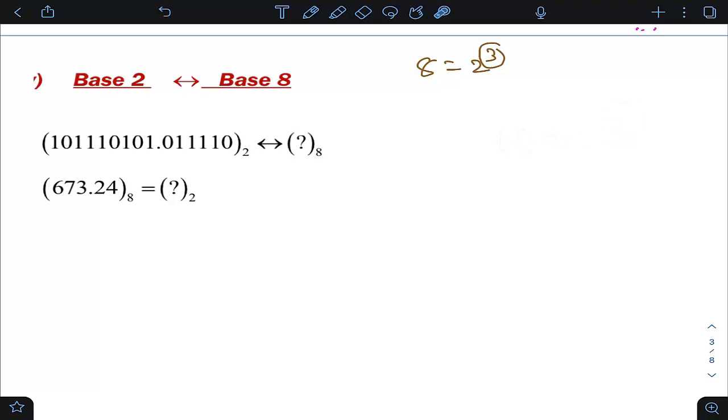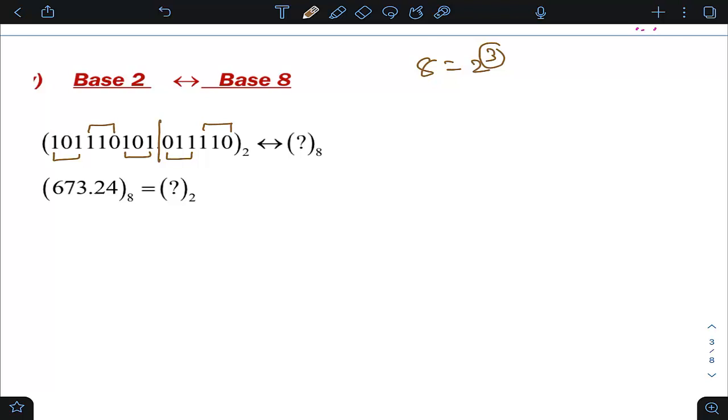So here what is the process? I'll be doing the grouping of 3 binary digits and writing its corresponding equivalent base 8 number. Again, this point is the reference point. You do the grouping of 3. This is a group of 3, then this is a group of 3, then this is a group of 3. Similarly, this is a group of 3 and this is a group of 3.